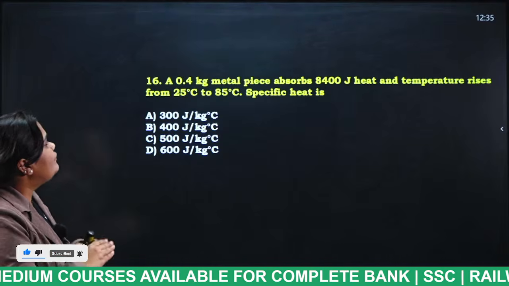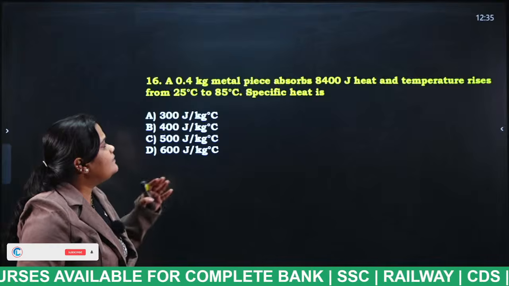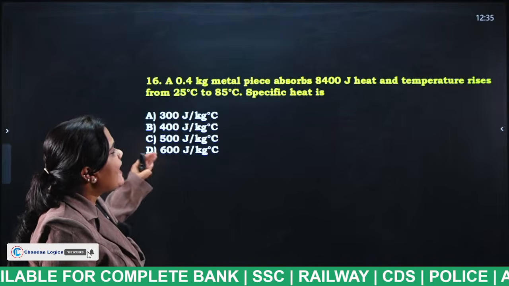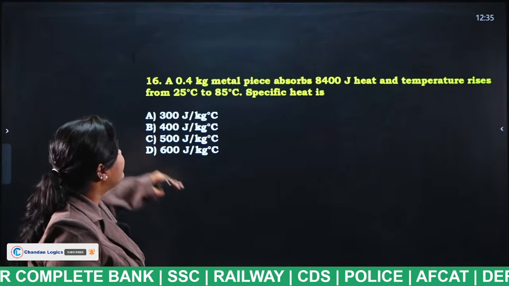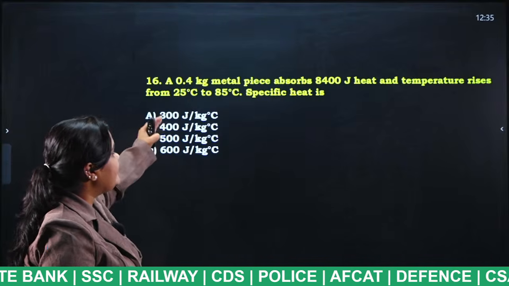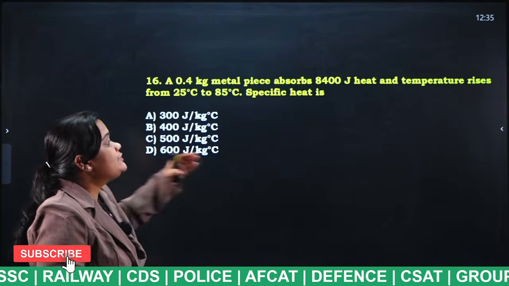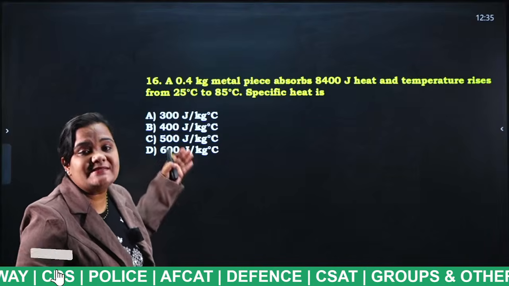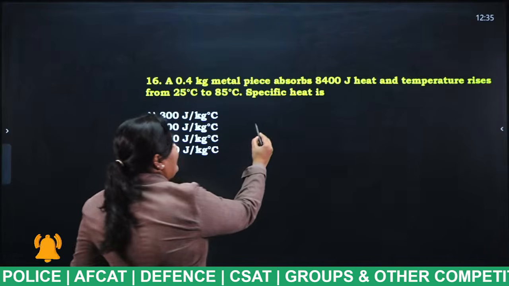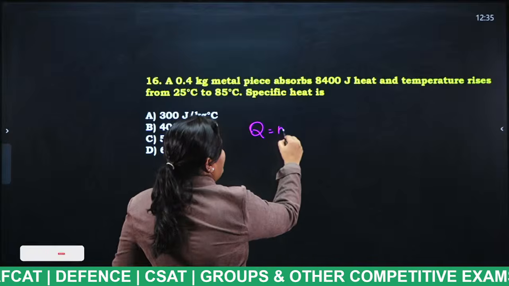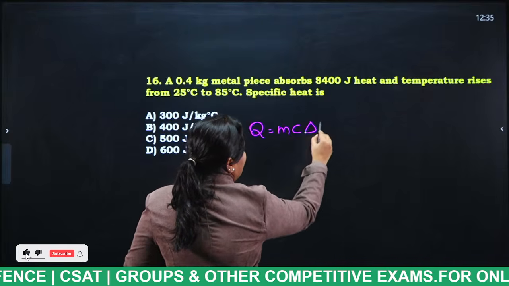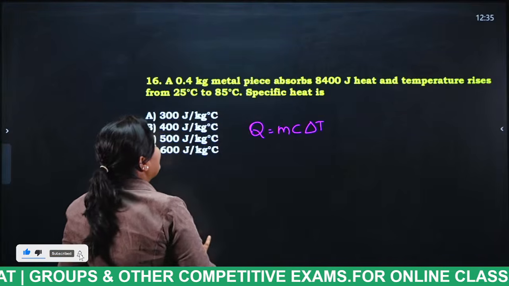A 0.4 kg metal piece absorbs 8400 joules of heat and its temperature rises from 25 degrees centigrade to 85 degrees centigrade. Specific heat is asked. Here also the same formula. What is the formula? Heat required is equal to mass into specific heat into change in temperature. So what are the given values, students?